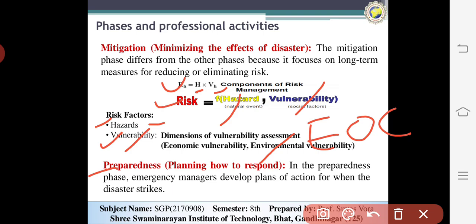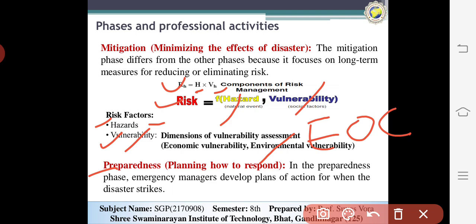Another aspect of preparedness is casualty predictions, the study of how many deaths or injuries to expect for a given kind of event. So in this planning, we get an idea of what resources need to be in place to respond to that particular kind of event.